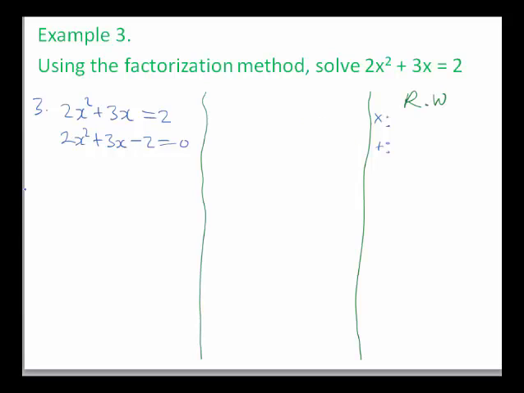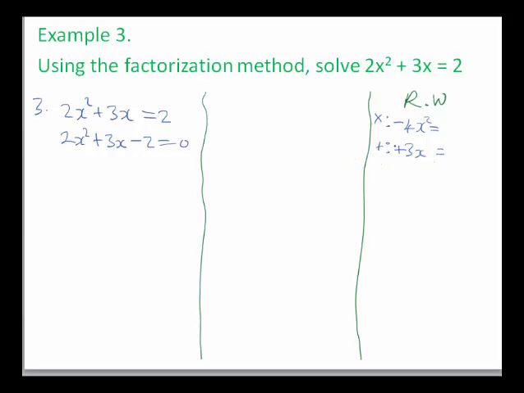For us to do that, we take the product of the first and last terms. That is 2x² times -2, which gives -4x². Then the sum is the middle term, the coefficient of x, which is +3x.